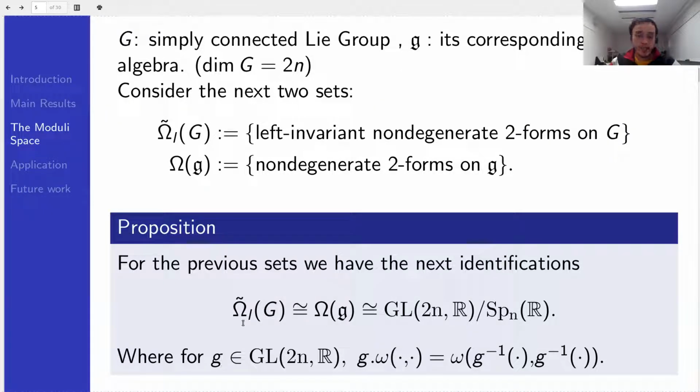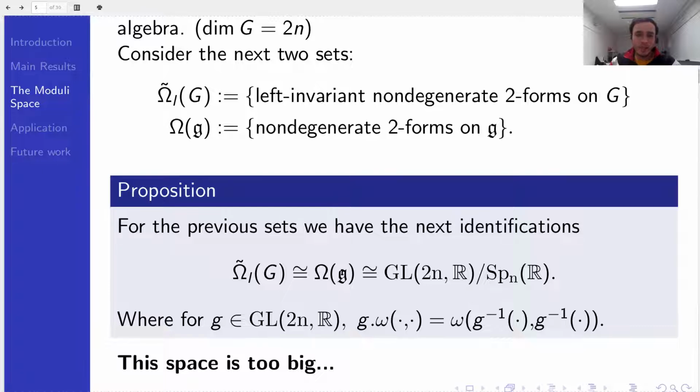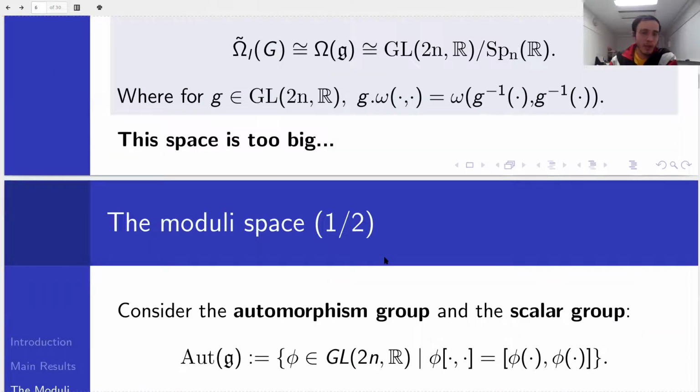If I consider the action of the general linear group on a 2-form omega, then I can also write this space as a homogeneous space, where Sp(n) is the usual symplectic group of transformations that preserve the canonical 2-form. But this space is too big and it can be very ugly. So a natural thing to do is to introduce a moduli space.